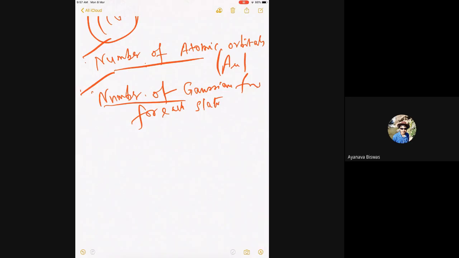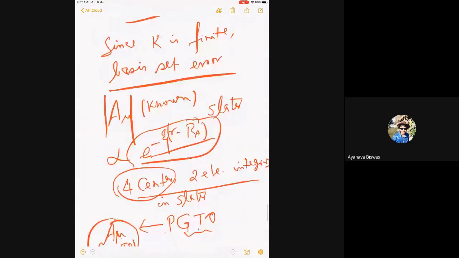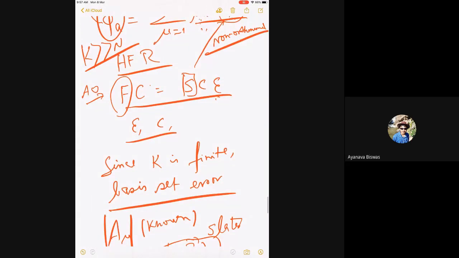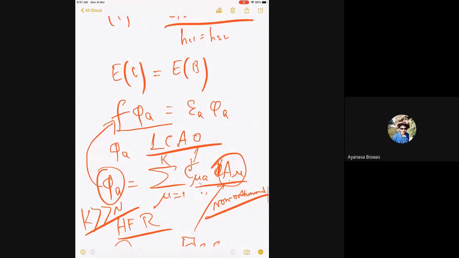How many atomic orbitals, and how have we expanded the atomic orbitals in terms of Gaussians? So your results of Hartree-Fock depend on the basis set. So there is no unique Hartree-Fock, unfortunately, because I am not able to solve these exactly. Up to here, it was exact.